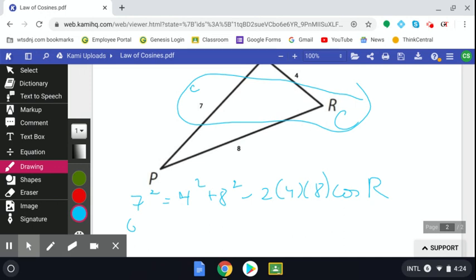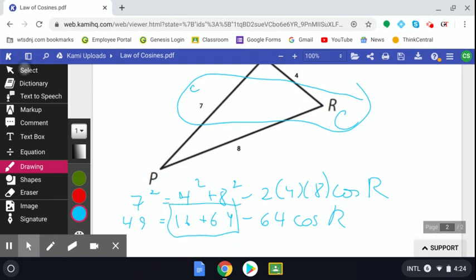Sorry, this is 49 equals 16 plus 64 minus 64 cosine R. Once again, you cannot subtract 64 from 16 plus 64 because it's multiplying cosine R. So you can only combine these two.